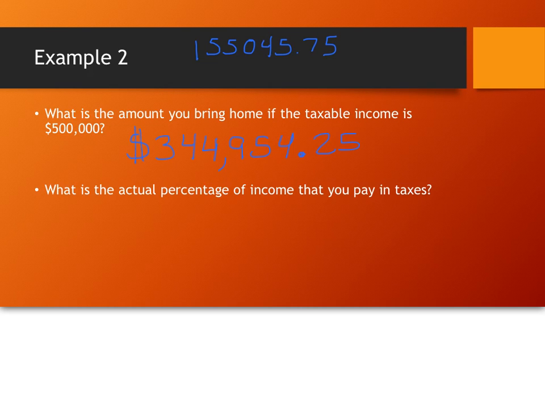And what's the actual percentage? We'll take that 155,000, divide it by your amount of income. If you want to get a percent, then you have to multiply it by 100.